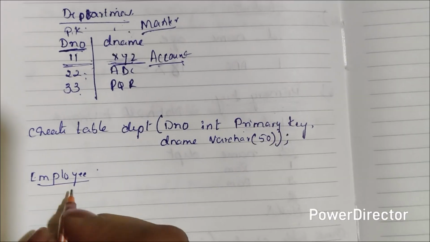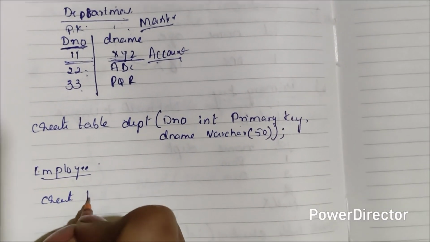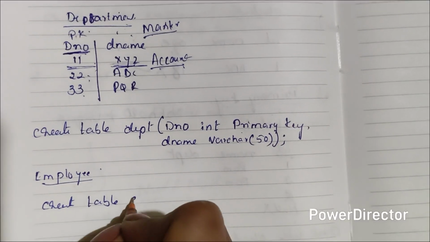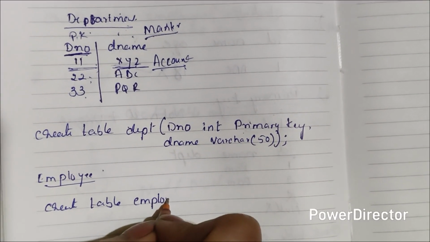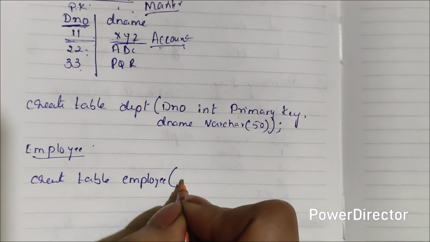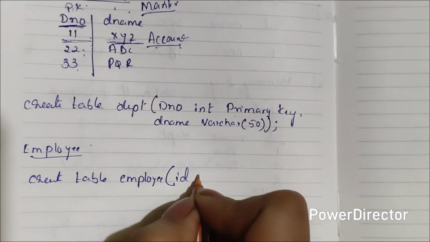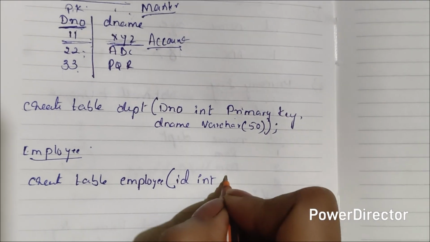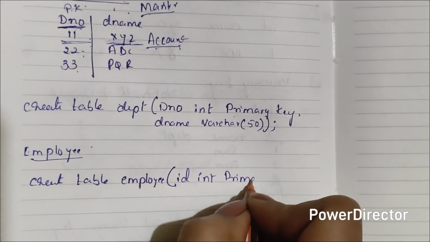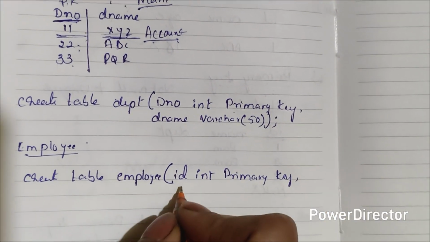Employee table. So for that, I'll be going to write create table employee. Here I'm making ID, that is employee ID, integer value. So here make this as a primary key, comma.